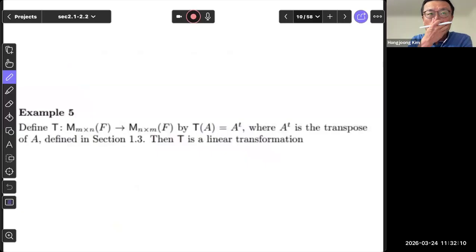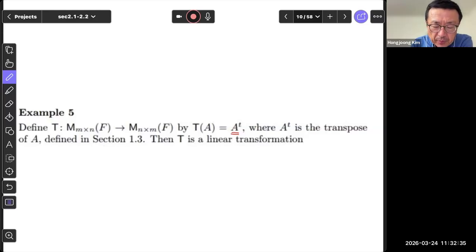Now, given some m by n matrix A, I can map A to its transpose, then it will be a linear transformation, right? Because when we considered the transpose, we summarized some properties.